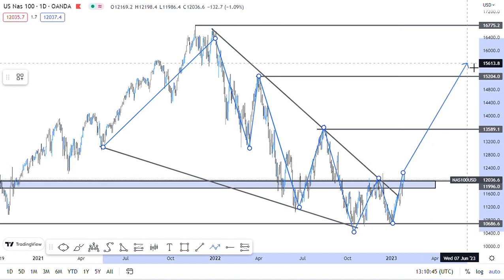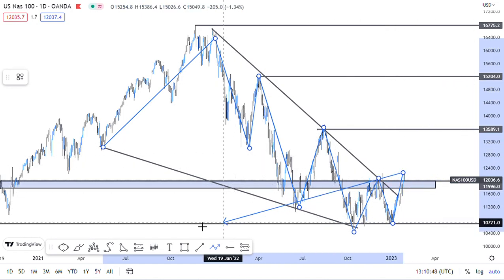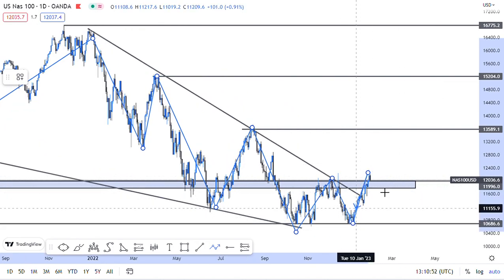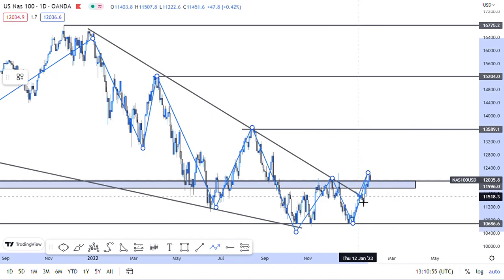But now take a look at this current structure that we are in. The current price market we are in broke our resistance trend line. That just shows us that maybe we have a change in direction, but we just have to wait for some candlestick confirmation and whatsoever.